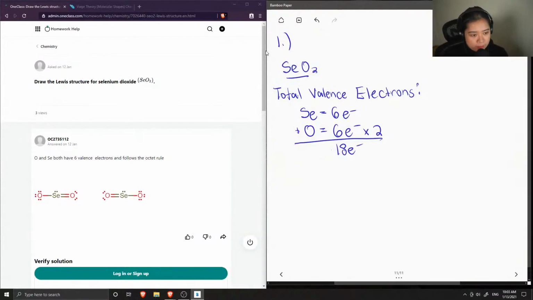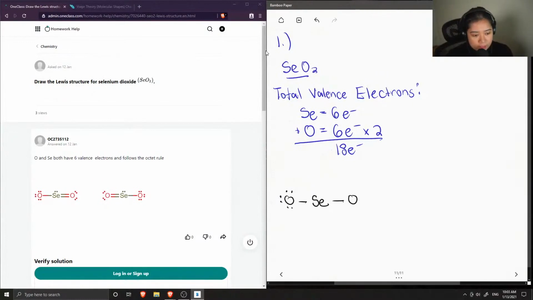So now let's write our selenium as our central atom. And then first let's start off by drawing 2 single bonds to oxygen. And now I'm just going to fill in all of my lone pairs.